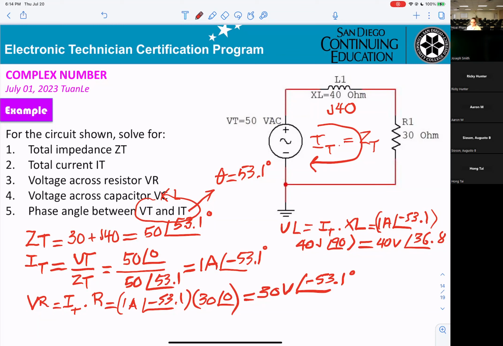When you're looking for GT, they get 53.1. So they're telling you the difference between VT and IT will be 53.1. Okay, any questions? Only make sure if you want to use complex numbers, for HC it's minus Z, HL it's plus Z.